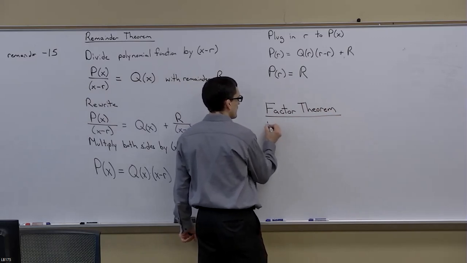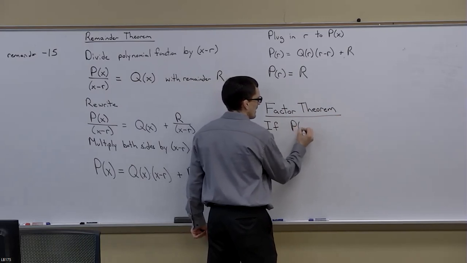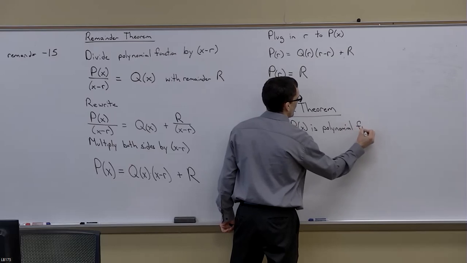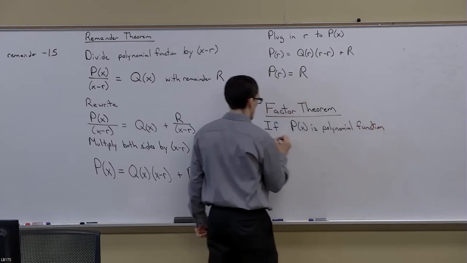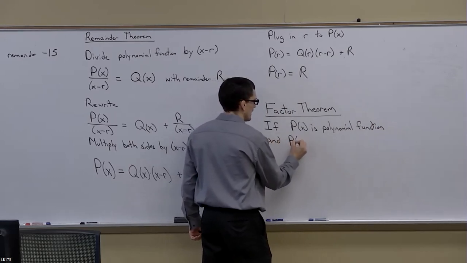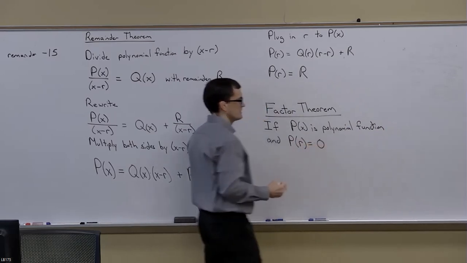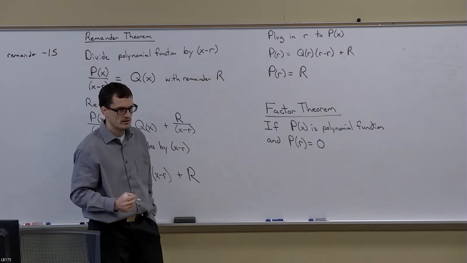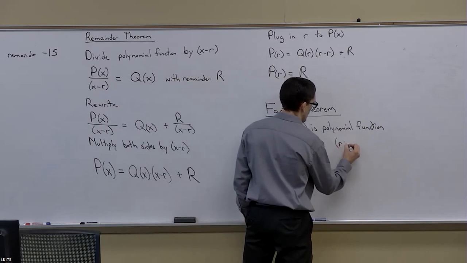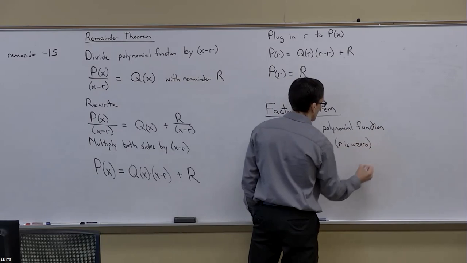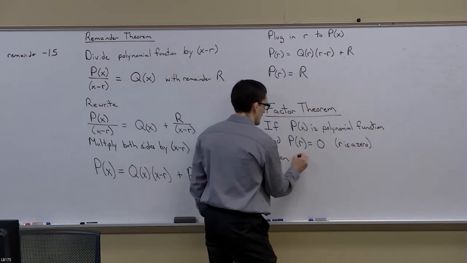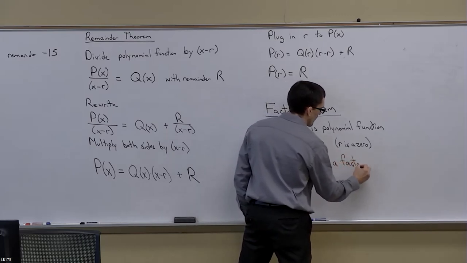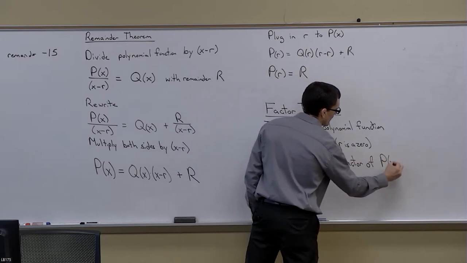And this says if P of x is a polynomial function, and if you plug in r and get out 0, so in other words, r is a 0 here, then x minus r is a factor of the polynomial function that we started with.